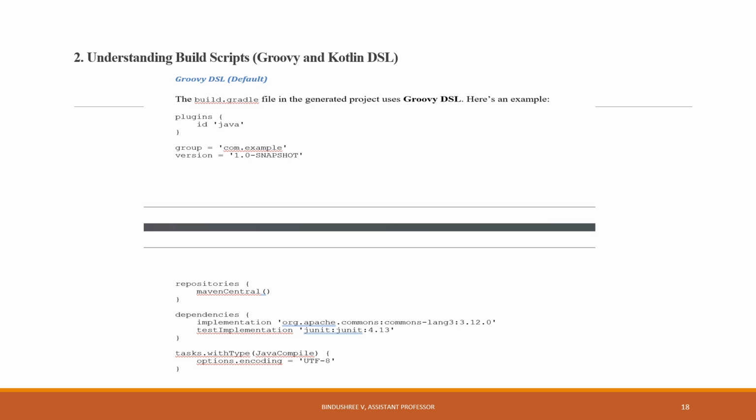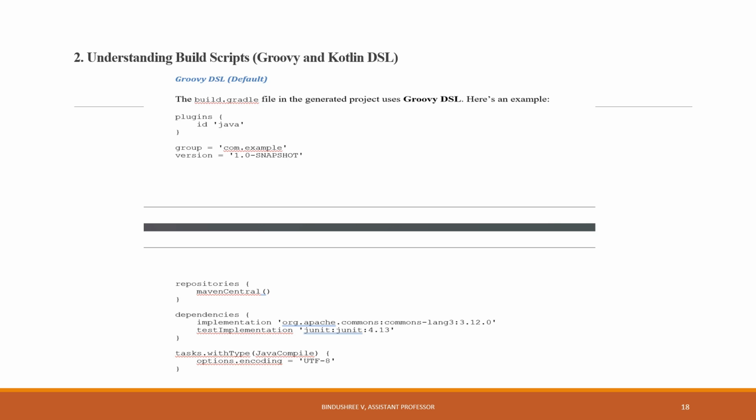You can see the group, which domain you want to execute this in, and also the version. Whereas in Maven we would look at the pom.xml file, in Gradle we look at the build.gradle file. Also you can see the repository, there is a central repository. I'll explain this later.